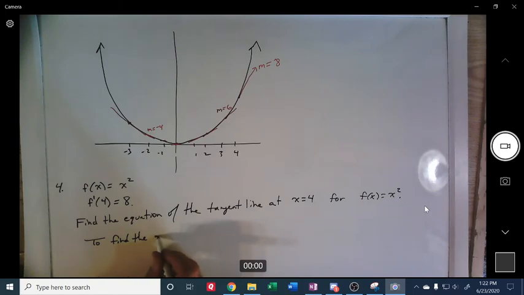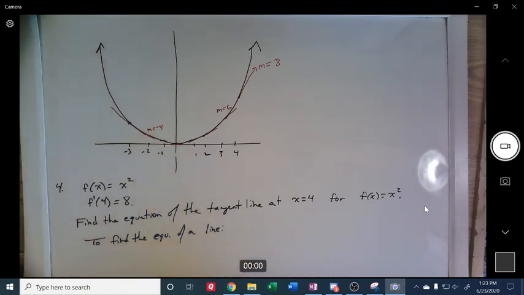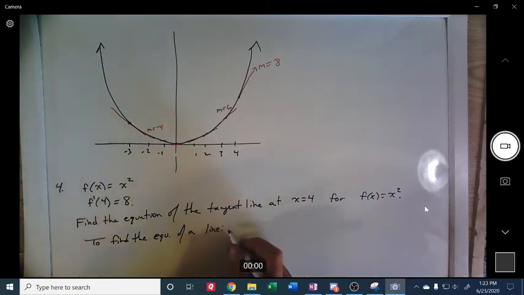You would use y minus f of a equals the slope times x minus a. All right, very good. So to find the equation of a line, we're going to need two things.